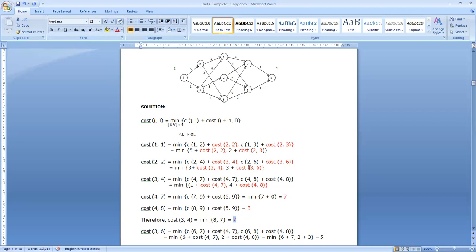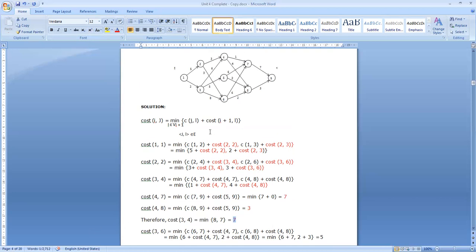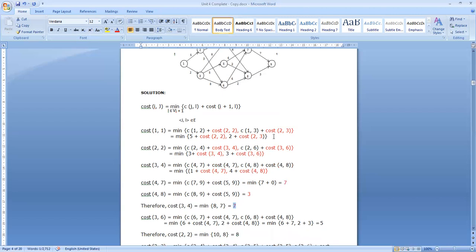Now I have to compute what is this cost of 3 comma 6. So cost of 3 comma 6, 6 is connected with vertex 7 and 8. So cost of 3 comma 6 is equal to minimum of C of 6 comma 7 plus cost of vertex 7 in the stage 4, comma C of 6 comma 8 plus cost of vertex 8 in the stage 4.